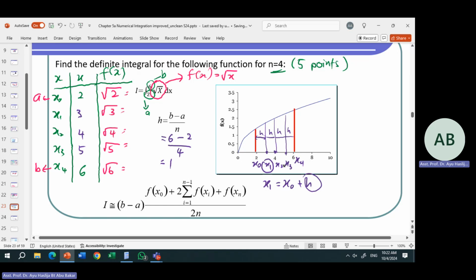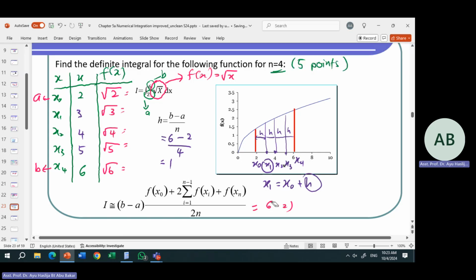Okay, try to calculate. Now, once you get your x, fx, this is multiple application. So sub into this equation. B is 6 minus 2. Okay, or you can just straight away use your h. Okay.